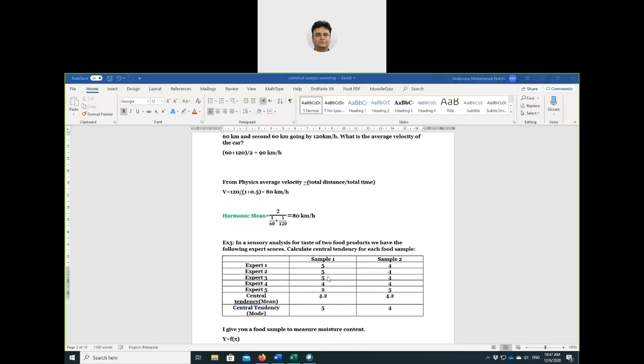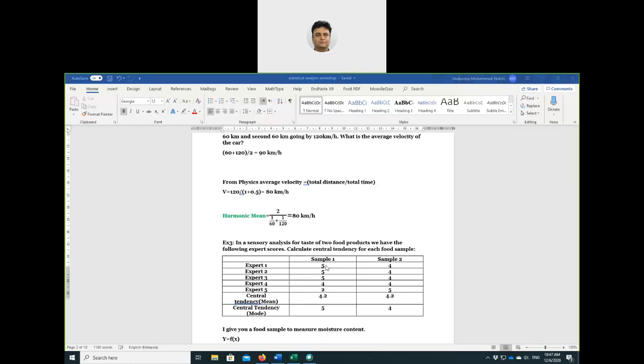So if you want a representative for this data, instead of the mean, it's better to use the mode. In sensory analysis, we report the mode. The mode is the more representative data.